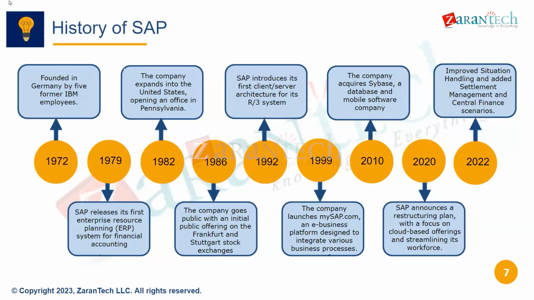As we move forward, you will understand how IBP is different from the SAP legacy systems, and what the merits and demerits of the IBP system are. So this slide talks about the journey of SAP. If you have any specific question related to this, you can ask, or else we move to the next slide.